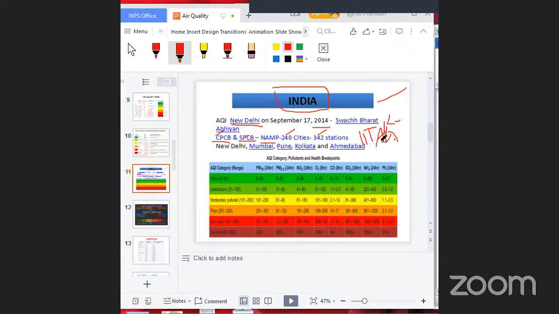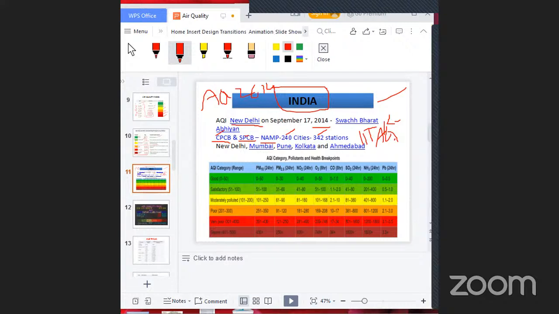IIT Kanpur and the expert group recommended the air quality index scheme in the year 2014. While the earlier index was limited to 3 indicators, the new index measures 8 parameters.